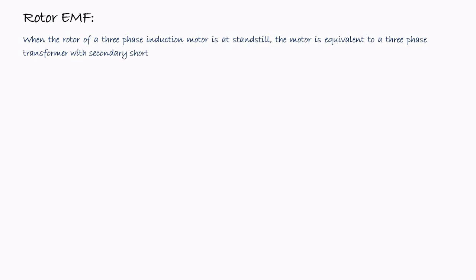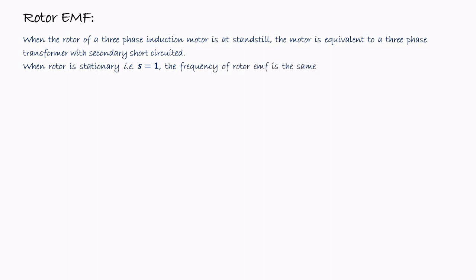Now the rotor EMF. When the rotor of a three-phase induction motor is at standstill condition, the motor is equivalent to a three-phase transformer with secondary short circuited, because the operating principle of the transformer and the three-phase induction motor is the same. So during standstill condition, the three-phase induction motor can be considered just like a transformer.